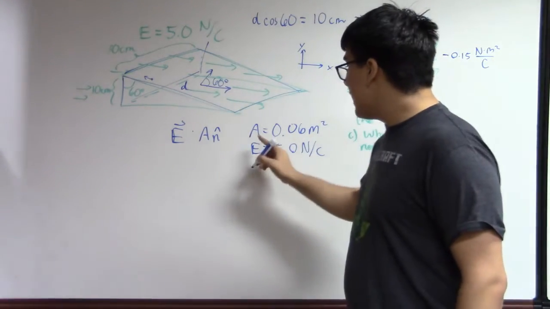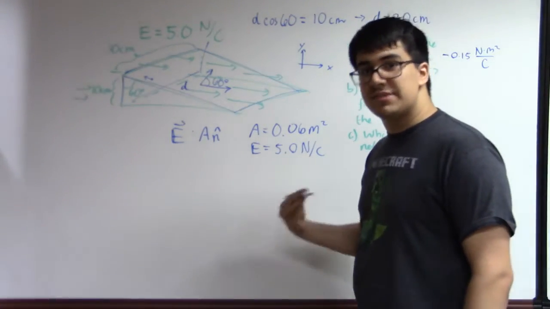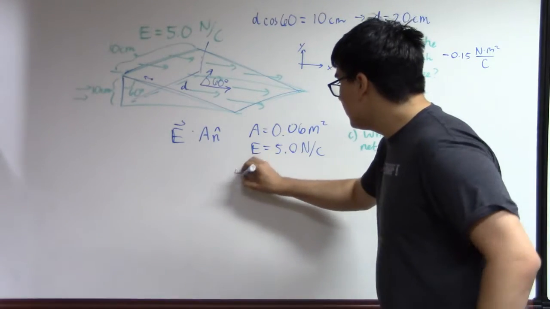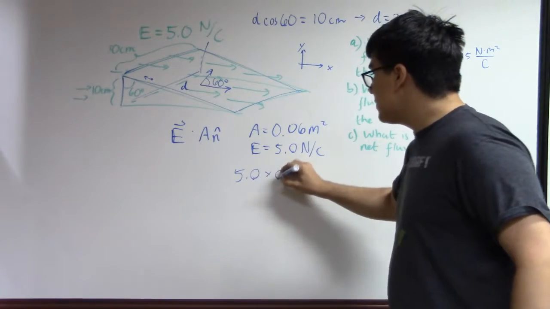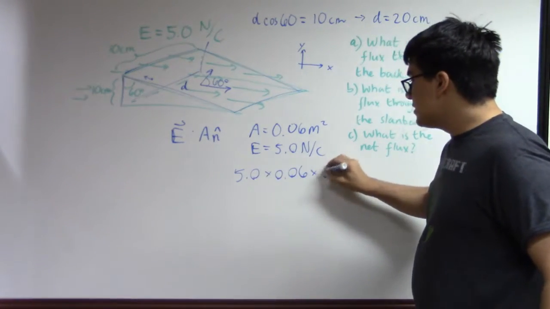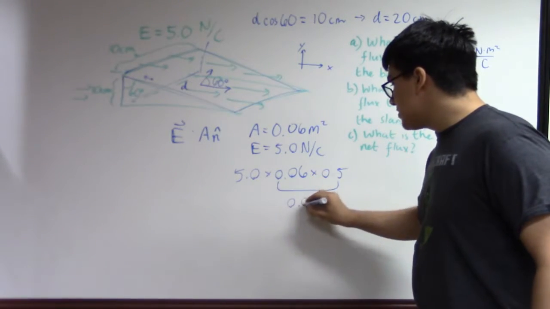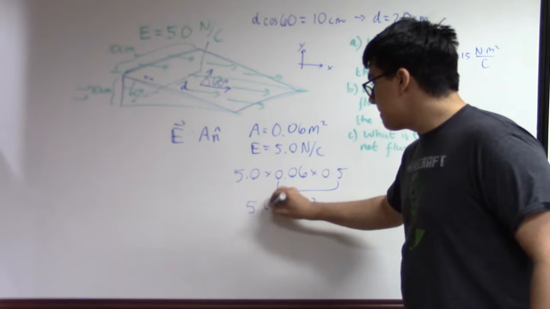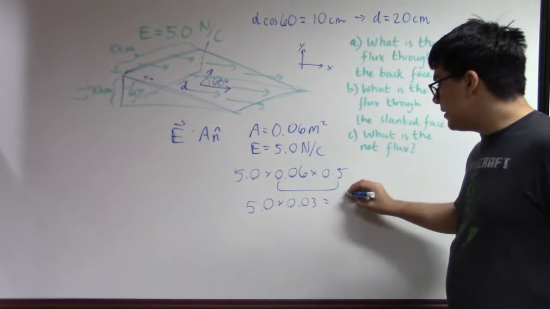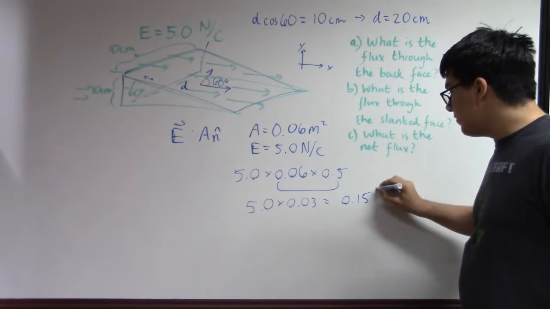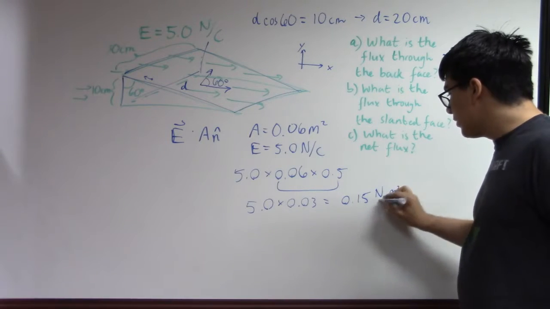So it's going to be A times E times cosine of 60, which is 1/2. 5.0 times 0.06 times 0.5. Well, this is just going to be 0.03 again, which is just going to be 0.15 Newton meters squared per coulomb.